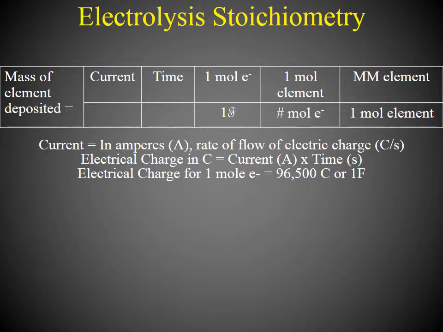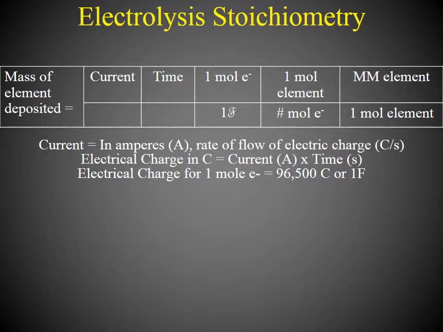And for 1 mole of the element, I could have several moles of electrons. And once I have moles of the element, I can certainly convert the moles of the element to mass using the molar mass relationship. In this case, the current is in amperes, but more specifically, it's in coulombs per second. The electrical charge, which is in coulombs, is equivalent to current times time.